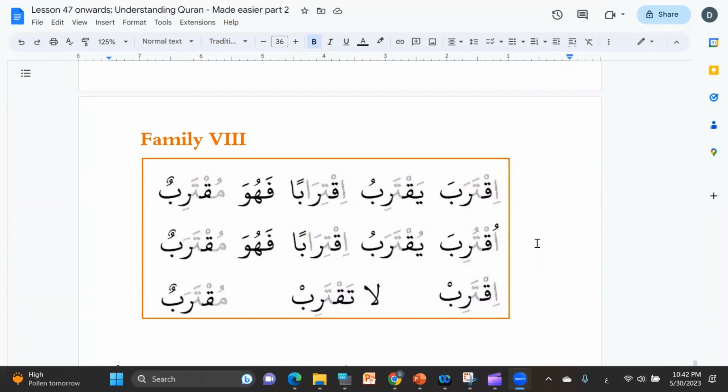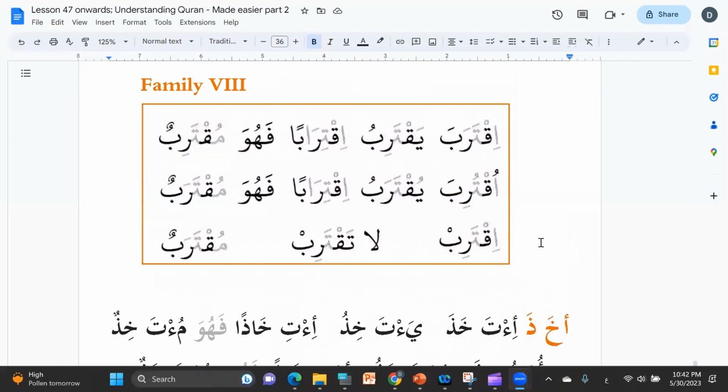So it has the pattern iqtaraba yaqtaribu iqtiraban wa huwa muqtaribun. And the passive is uqturiba yuqtarabu iqtiraban. Now here we have an extra hamza in the beginning, and we have an extra ta letter in the family pattern.